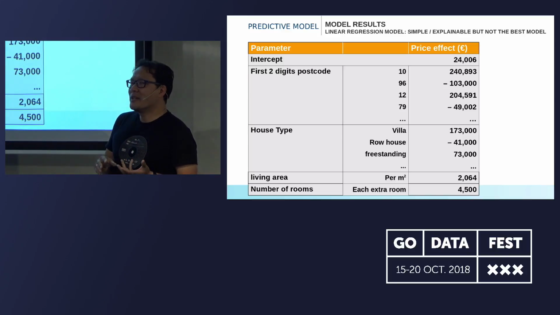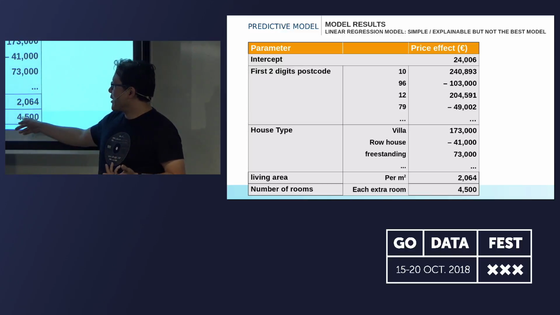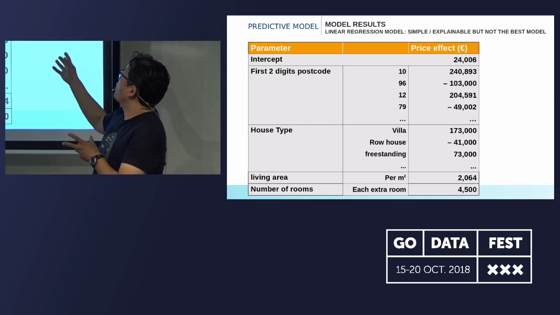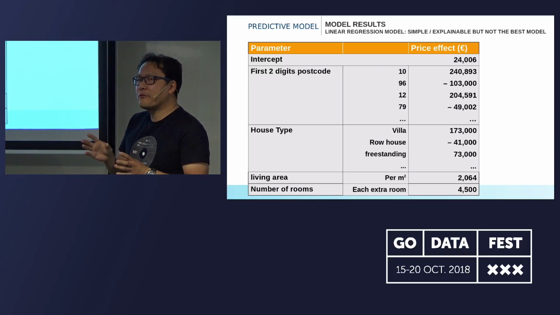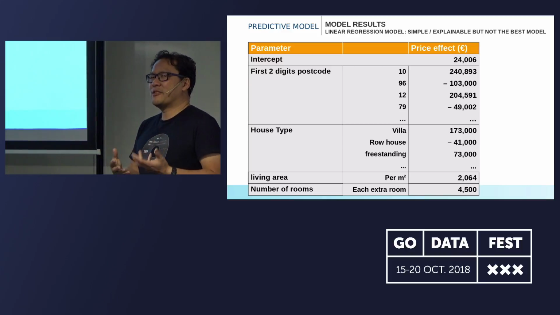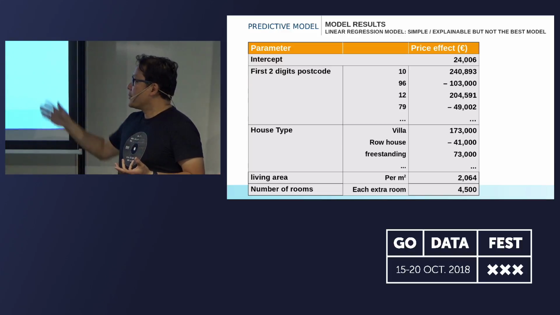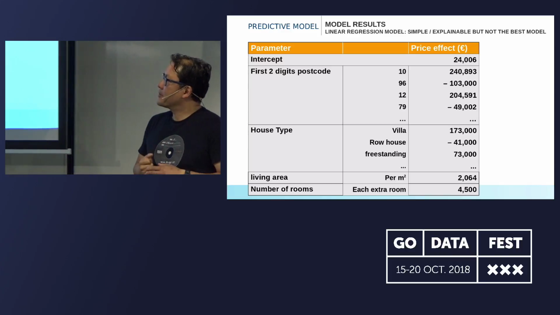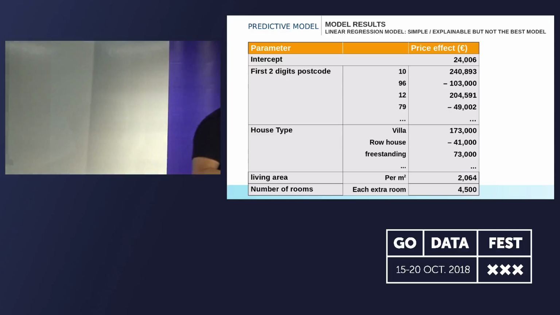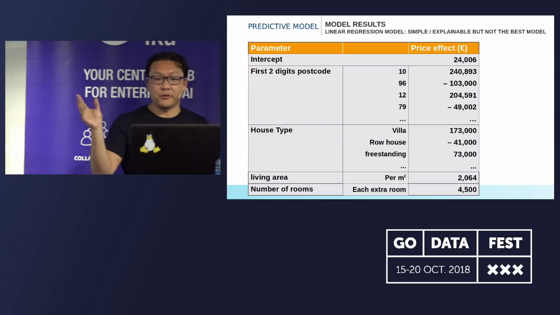So if you have a 5-room home, it's 5 times this number. This is a reasonable model, an R-square of 0.57. An XGBoost model is better, but it's harder to explain. But you get a feeling of the price model and this actual data.